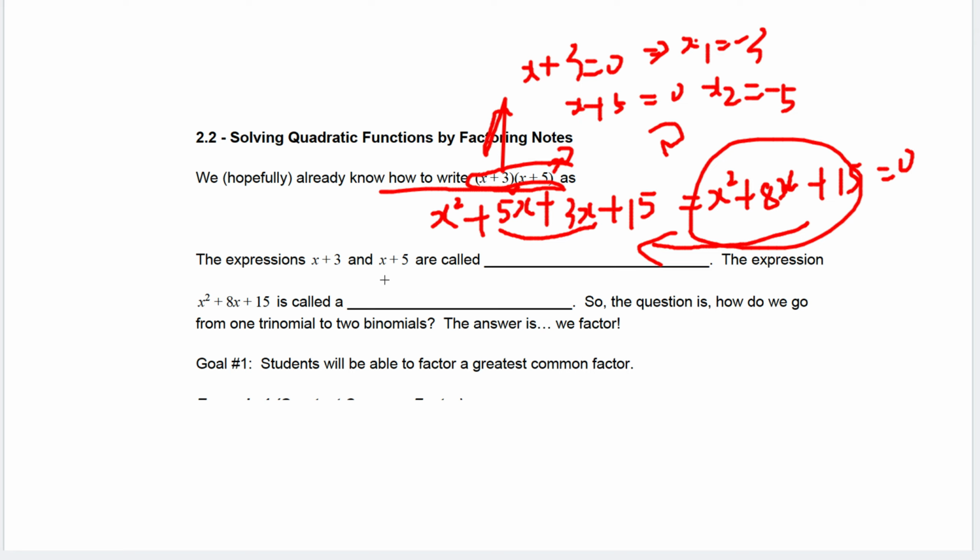Here we call these the factors, and this part is called the quadratic function. We will use this idea and continue.